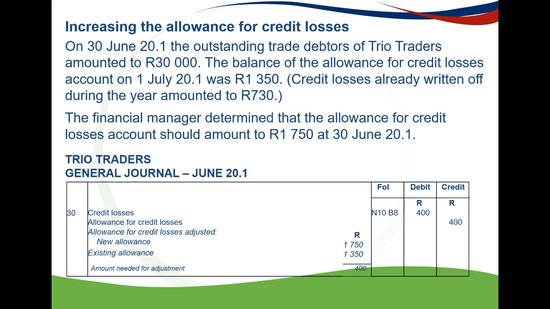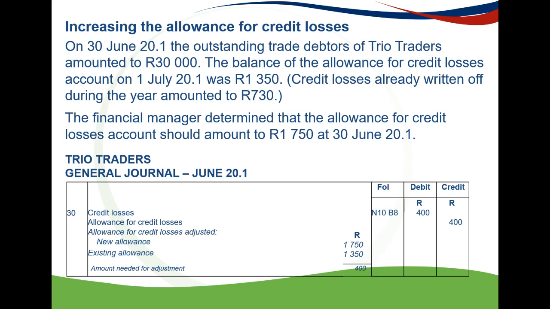Now, for this example, we are going to increase the allowance for credit losses, based on the allowance that we have already created. So on 30 June 20.1, the outstanding trade debtors of Trio Traders amounted to 30,000 Rand. The balance of the allowance for credit losses account on 1 July 20.1 was 1,350, because we created this on the 30th of June 20.1. And the allowance that we've created was 1,350.